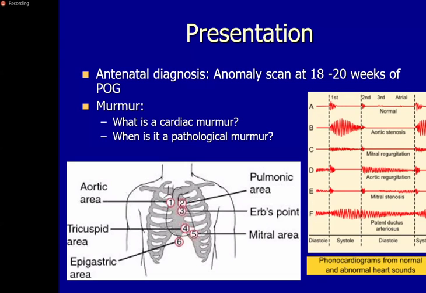The best example is during pregnancy. Sometimes you will hear a murmur because the blood volume in the mother has increased. A large volume of blood tries to pass through certain places, and that will cause a noise.